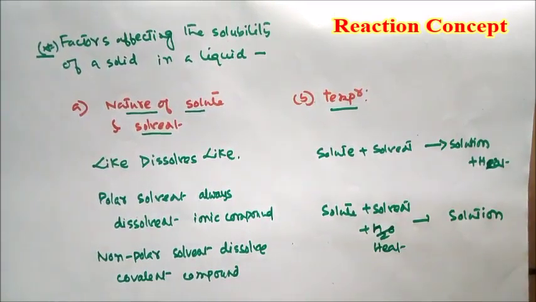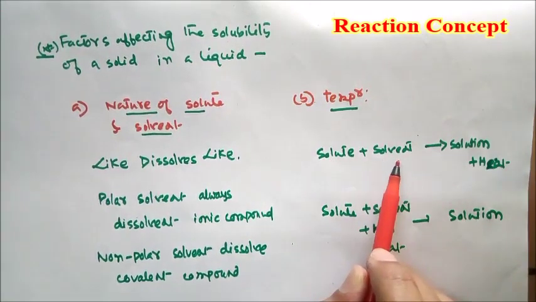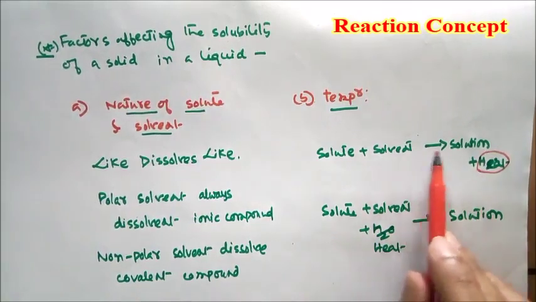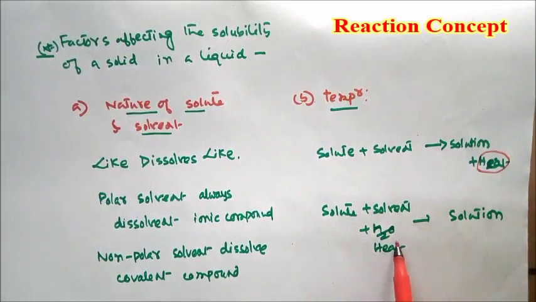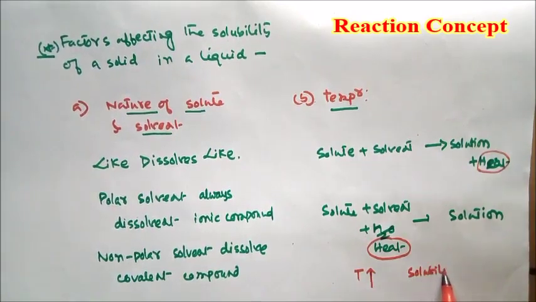What I am saying is, if we add a solute to a solvent system, then heat may be released in the system, that is, this process might be an exothermic process, or heat may be absorbed in the process, that is, it might be an endothermic process. If it is an endothermic process, then if we increase the temperature, the solubility of this solution will also increase.